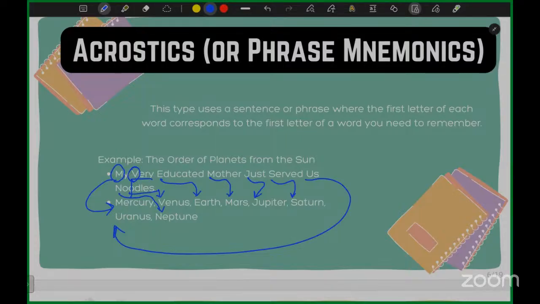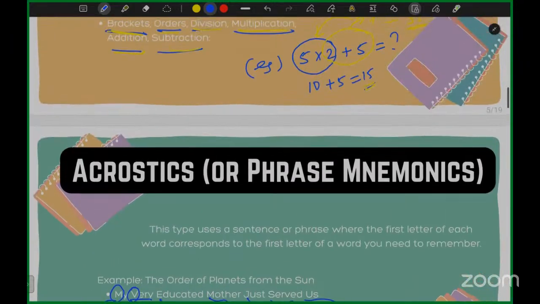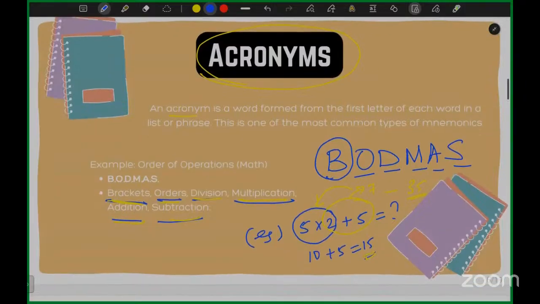Through this we can frame sentences, or you can also make your own sentences. You need to relate that sentence to the application you're trying to focus on. The differentiation is that an acronym is just letters. It's not a sentence.